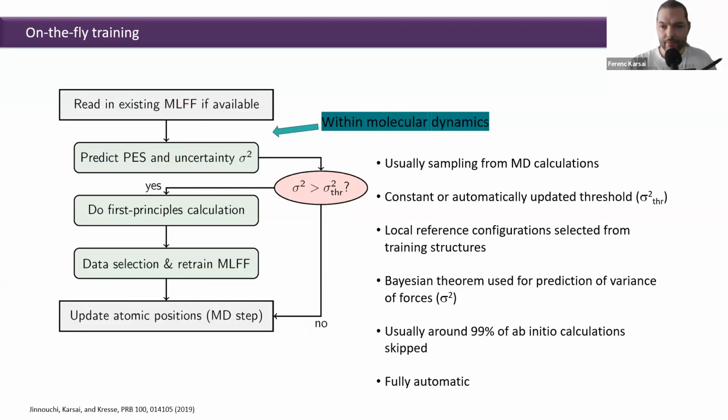Ultimately, over the whole length of a 50 to 100 picosecond trajectory, the algorithm skips more than 99% of the ab initio calculations. And the other nice thing is that the whole algorithm is fully automatic; you only need to control it, but don't need any other human intervention.